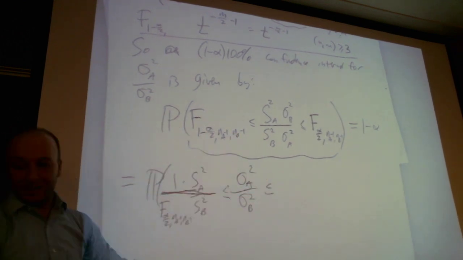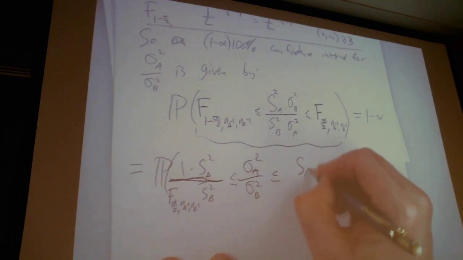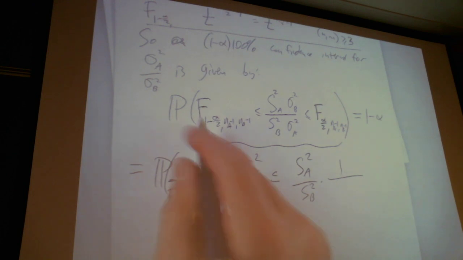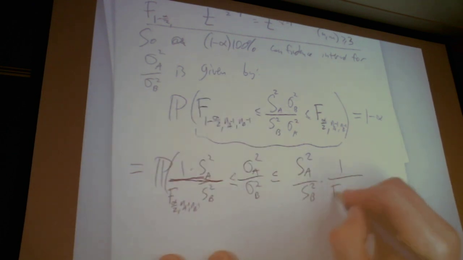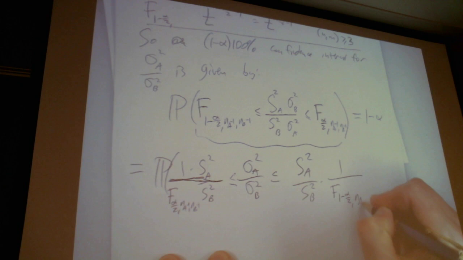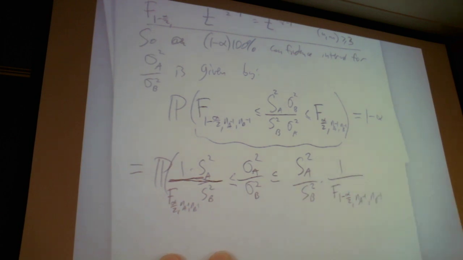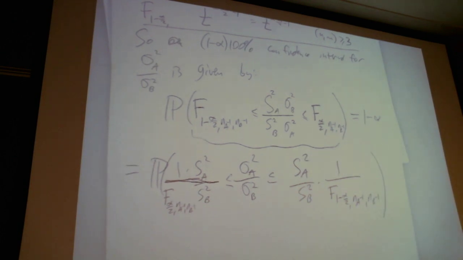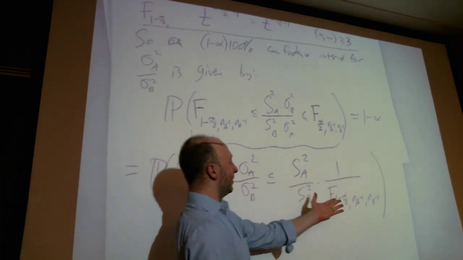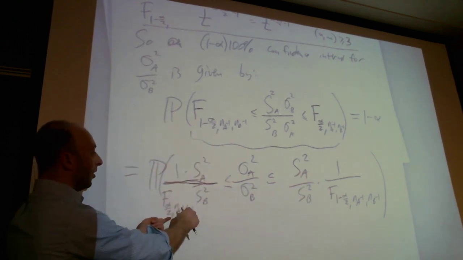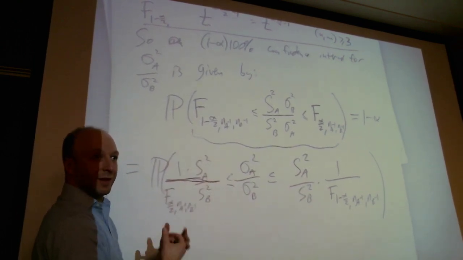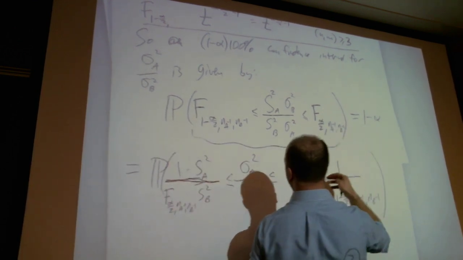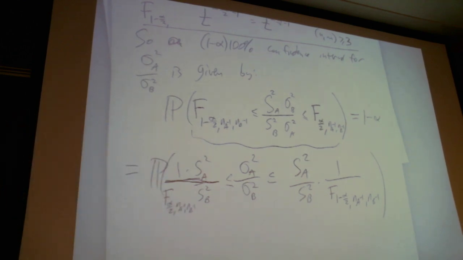And the upper bound is the same SA squared over SB squared, but now with the factor of F 1 minus alpha over 2, NA minus 1 and NB minus 1. So that is an interval depending only on things you compute numerically and things that come out of the observation. That is a 95% or whatever confidence interval for the ratio of two variances.